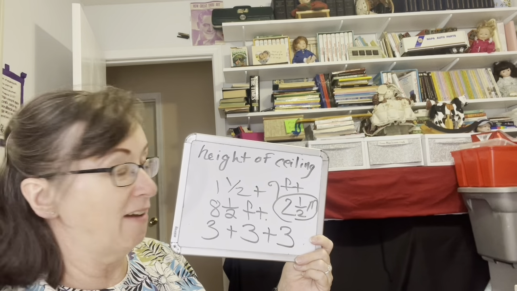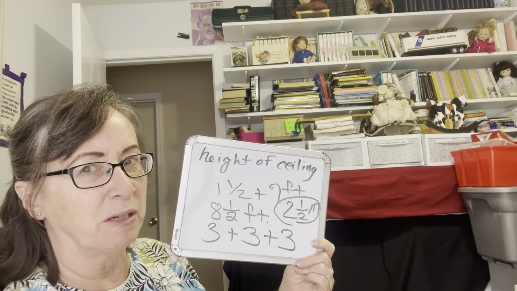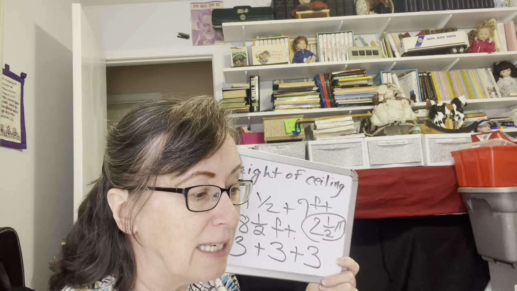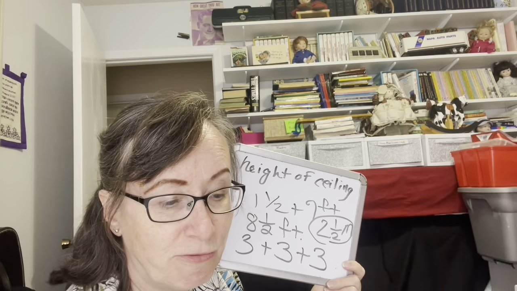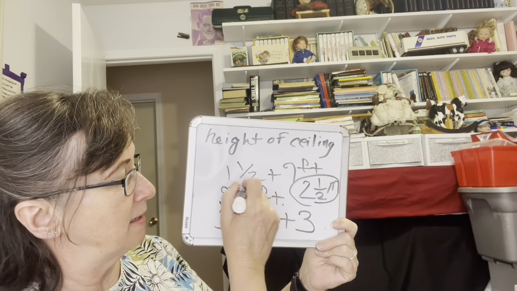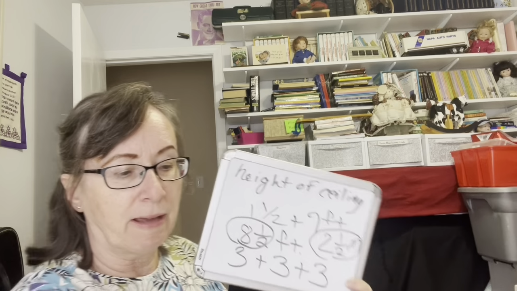So 6.5 feet, my door is 7 feet. So I'm going to say 2.5 meters. Okay, and then it says to do it in meters and in feet. So 8.5 feet, 2.5 meters. That's a good estimate. Okay, estimate is definitely not trying to get nitty gritty on the math.